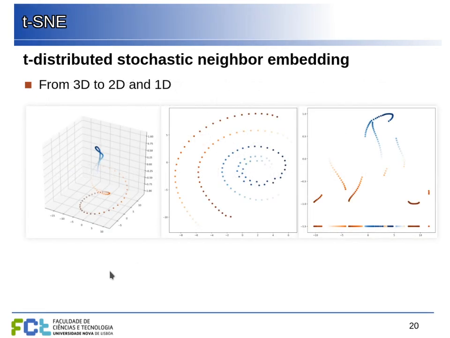So this is an example. We start with this original data in 2 dimensions. If we use t-SNE to reduce this to 2 dimensions, we get something like this. t-SNE works stochastically, so this optimization is done with some randomness, and you don't always get exactly the same result.